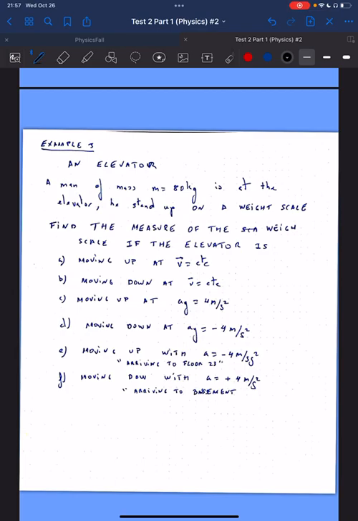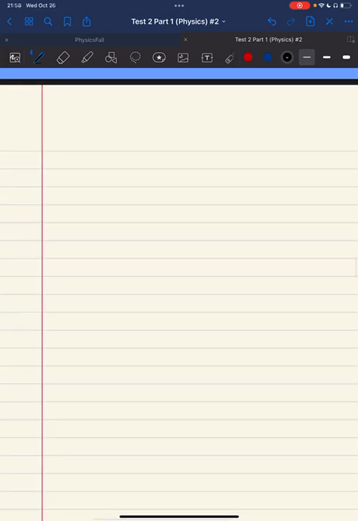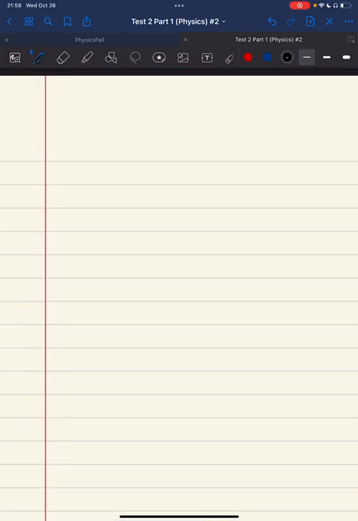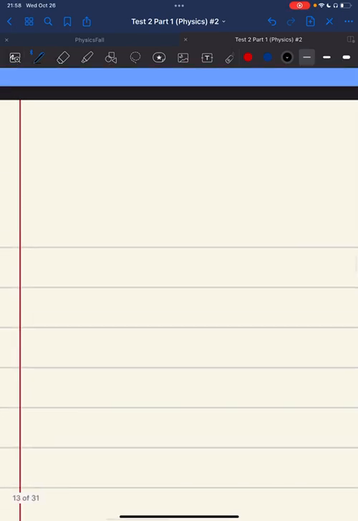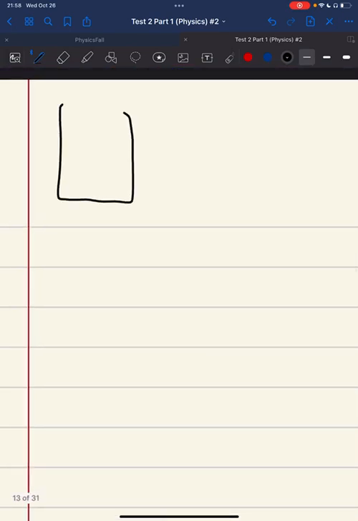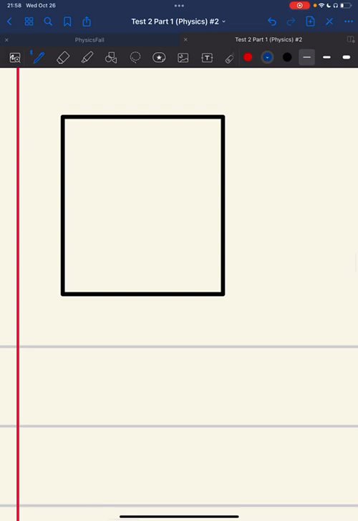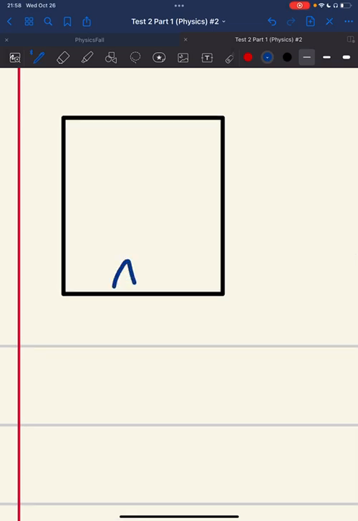Alright. Let's draw a person in an elevator so we could visualize what we're talking about. Probably you could visualize this, but it's better for me to do that. So we've got a man in an elevator right here. Sorry for the deformity.